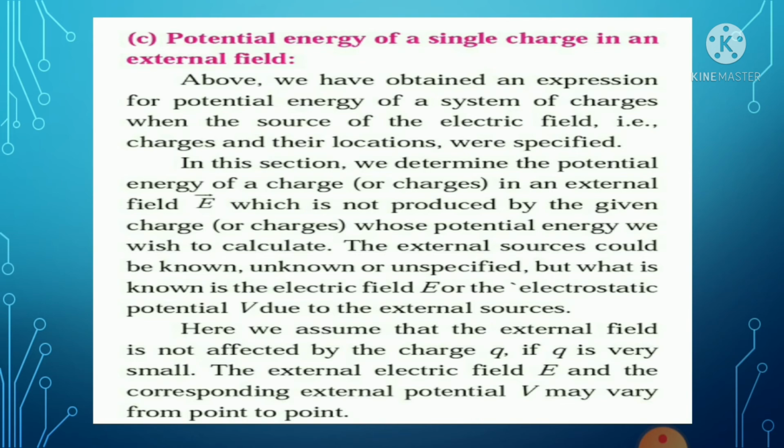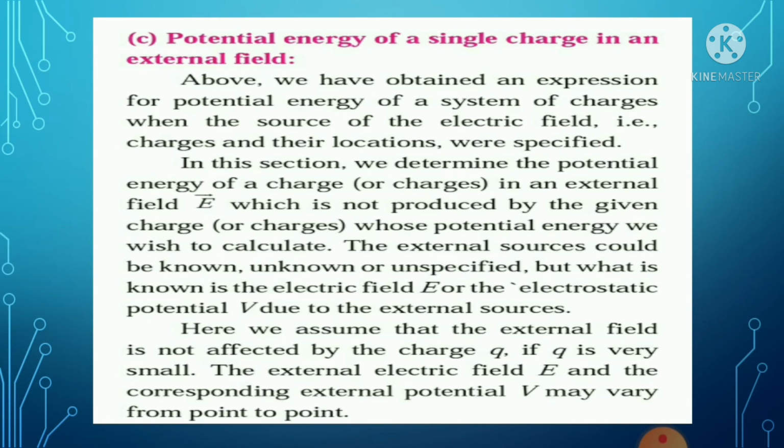The external sources could be known, unknown or unspecified, but what is known is the electric field E or the electrostatic potential V due to the external sources. So in this way, some quantities are known, some are unknown.